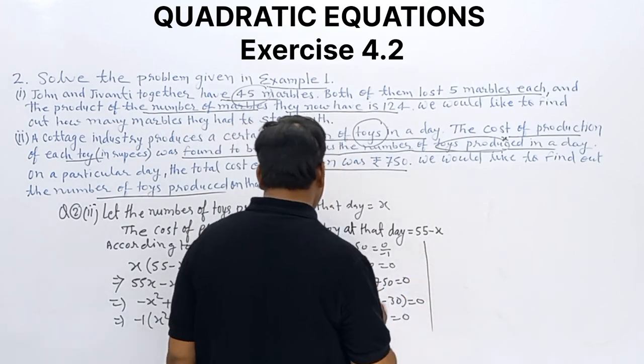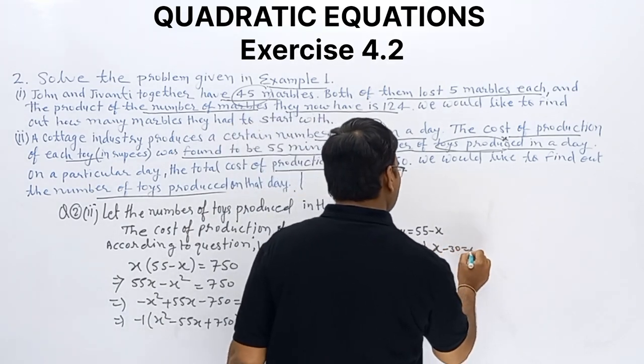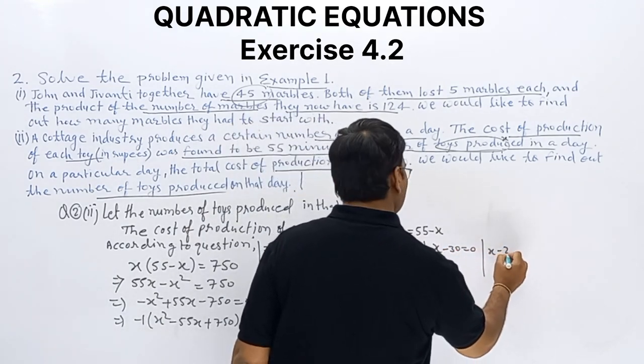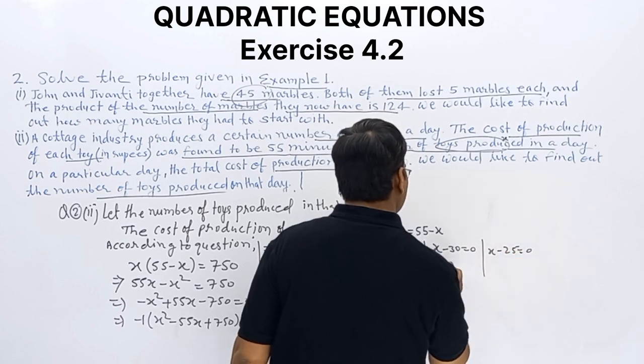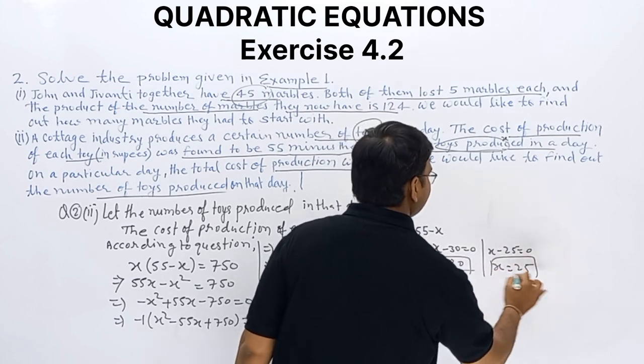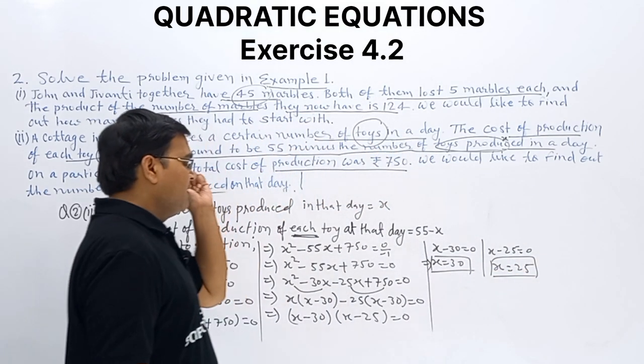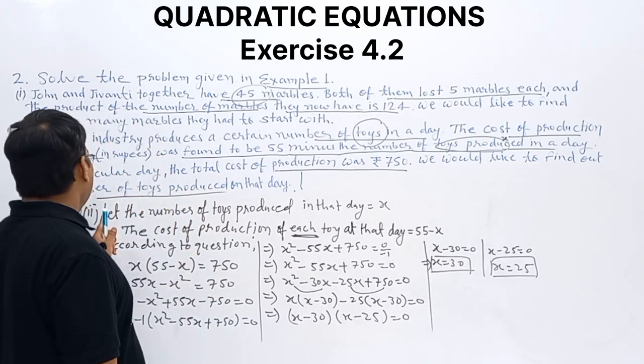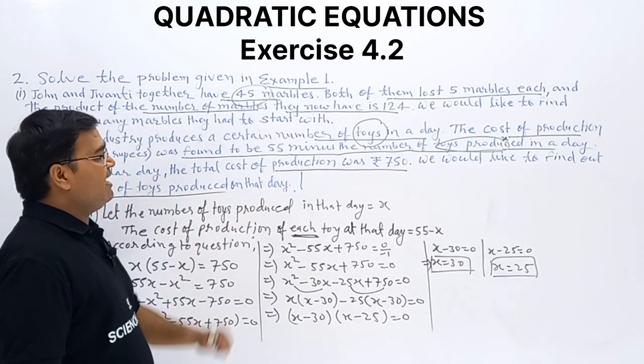Now x minus 30 equal to 0 and x minus 25 equal to 0. So what will be the x? X equal to 30 and x equal to 25. So let the number of toys be X in a day.